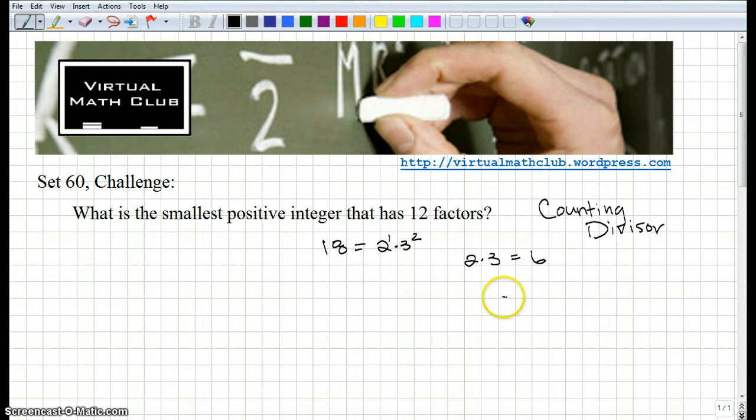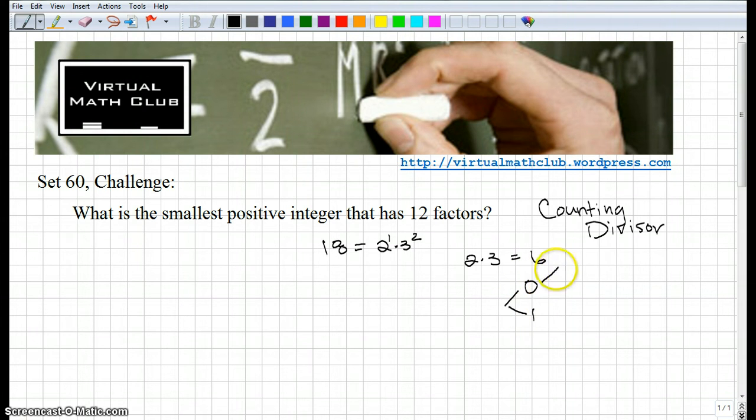The reason for that is that a factor of 18 has some combination of 2's and 3's in it. We can't have any factor of 18 that has a 5 in it. We're not going to get any prime factors in the factors of 18 that aren't prime factors of 18. So our choices for the number of 2's that we include in a factor are either no 2's or one 2.